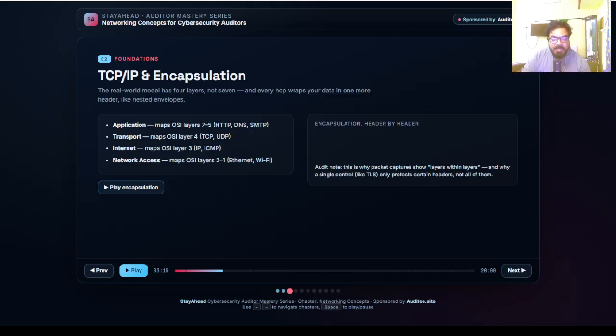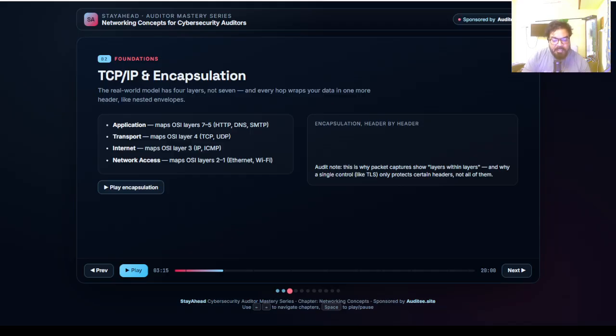Here's the part that matters most for evidence review: encapsulation. As your data moves down the stack, each layer wraps it in one more header, like nesting envelopes inside envelopes. Raw application data gets a TCP header attached, forming a segment. That segment gets an IP header attached, forming a packet, and that packet gets an Ethernet header and trailer attached, forming a frame.